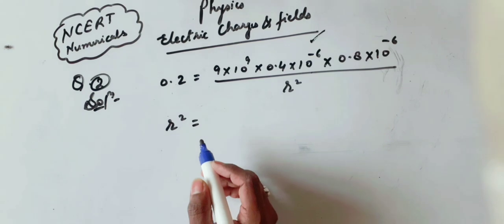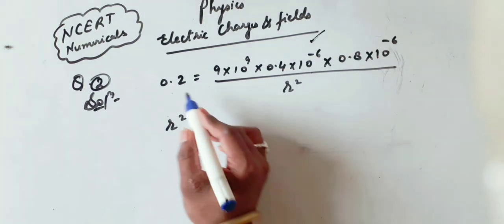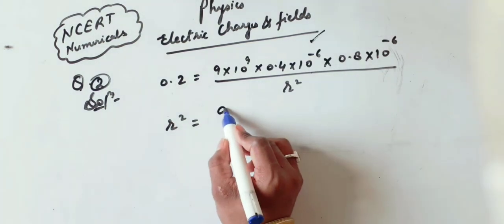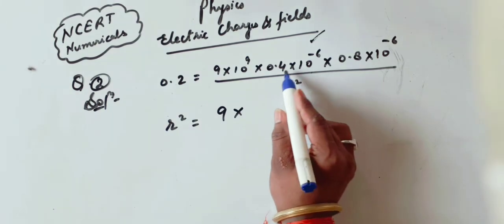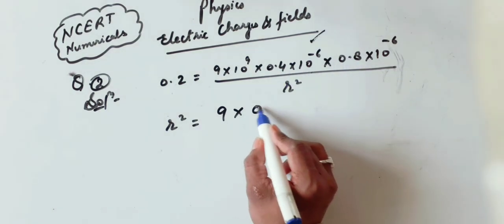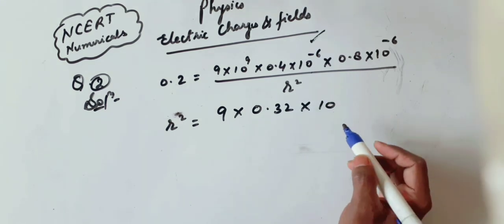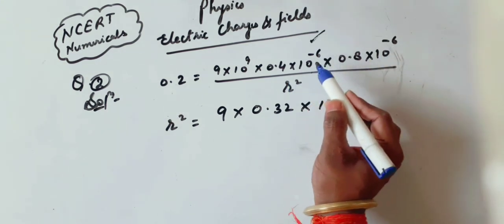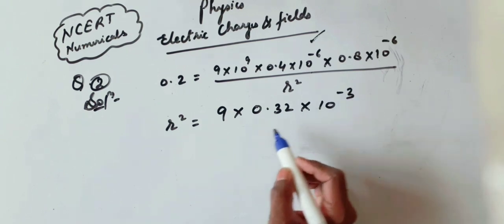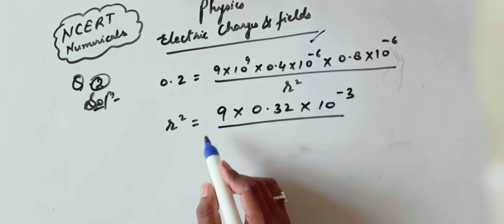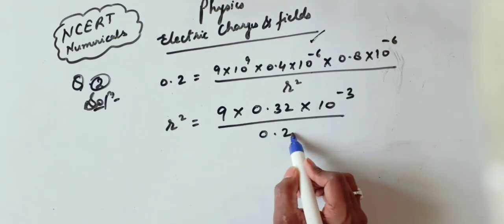So here R square will be equal to, this will come here, and 9 into 4 8 is 32. So 0.32 into 10 to the power minus 6 and minus 6 is minus 12, so here will be minus 3, upon 0.2.